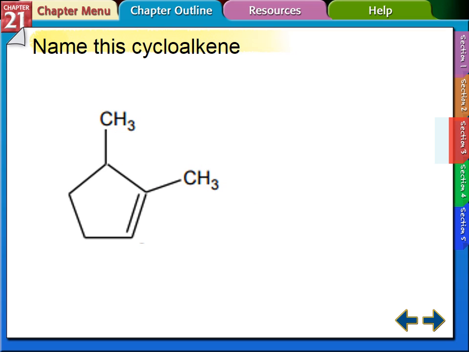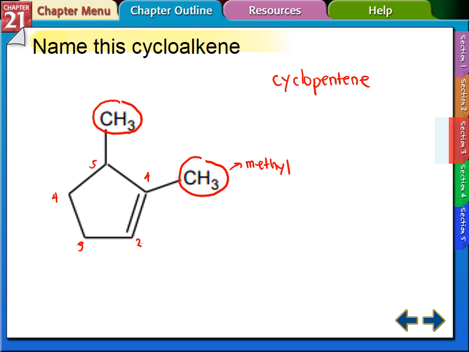Now here's another example. Name this cycloalkene. This cycloalkene is composed of 5 carbons, so we have 1, 2, 3, 4, and 5. So we should have a cyclopentene. Now on this cyclopentene, we have substituents attached. We have a methyl here, and we also have another methyl attached to one of the carbons in our cyclopentene.